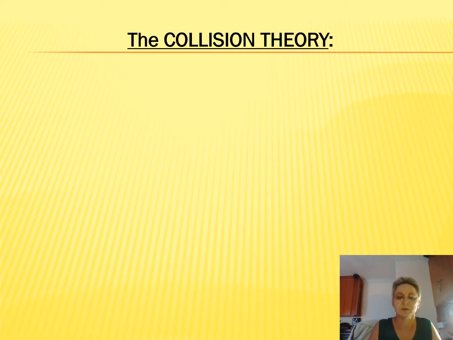What is it about? Basically, it says if there isn't an effective collision between particles, then there will be no chemical reaction. So what could determine the effectiveness of a collision?